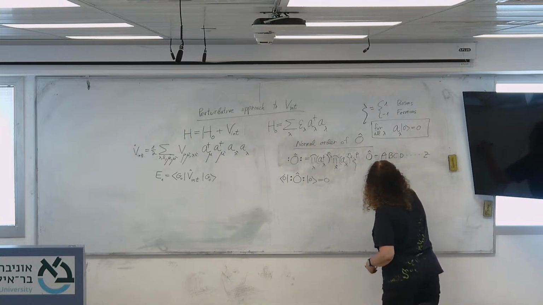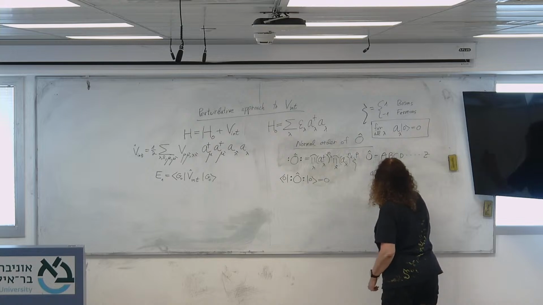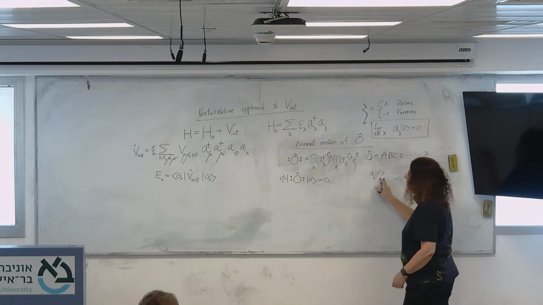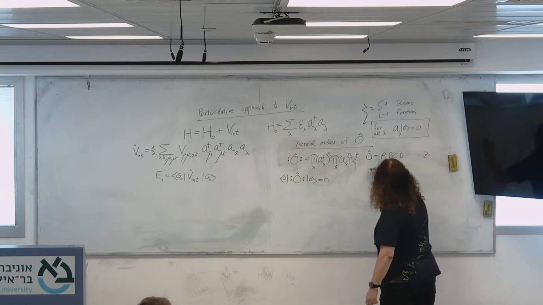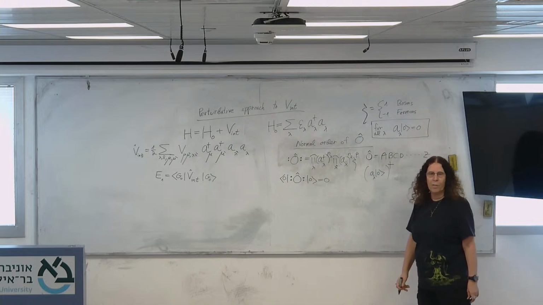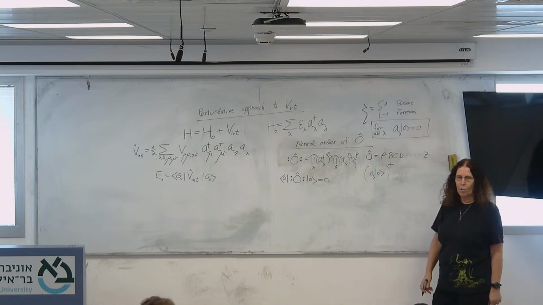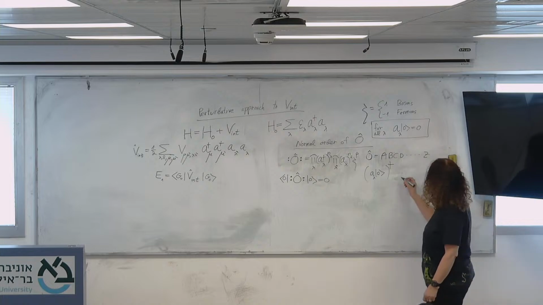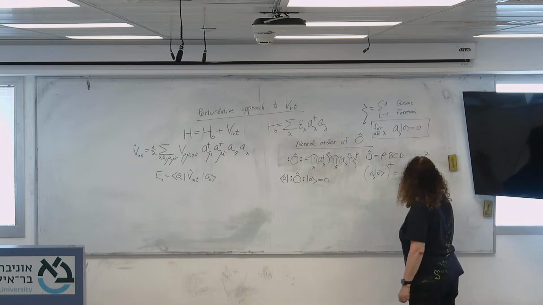So notice that we have the following relation. If I take some A lambda acting on the vacuum, and I look at its Hermitian conjugate, what is this?